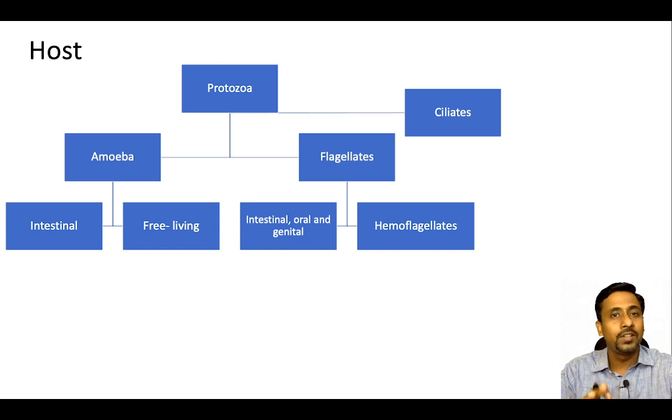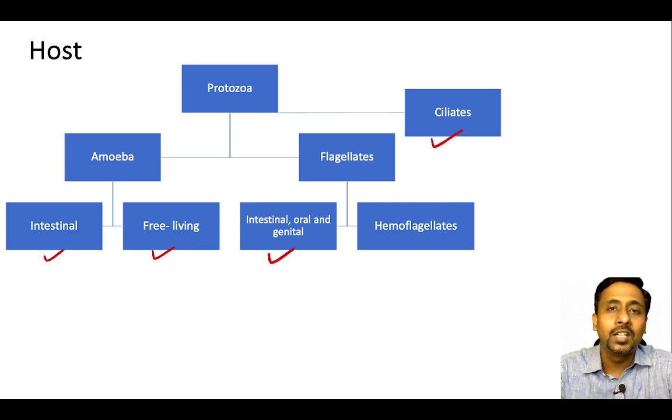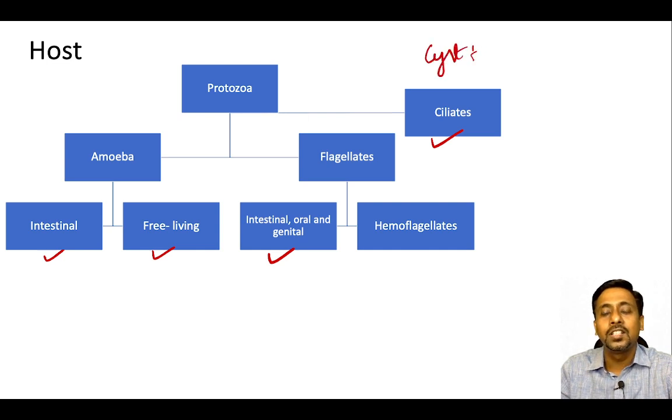Now you know what is definitive and what is intermediate, so I think there will be no confusion if I say in this video that this is the definitive host and this is the intermediate host. In amoebae, in lumen dwelling flagellates and in ciliates, if you remember, they have a cystic stage, and this cystic stage is actually a resistant stage.